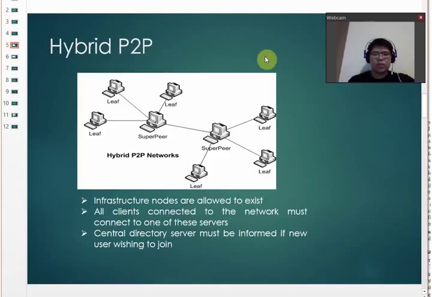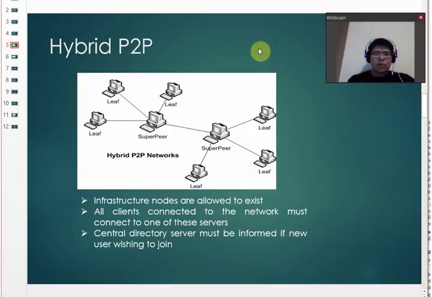So moving on to the second model of unstructured P2P, which is the hybrid P2P. The figure shows the physical and virtual network for a hybrid P2P network, so that you have a better understanding of how the hybrid P2P works.